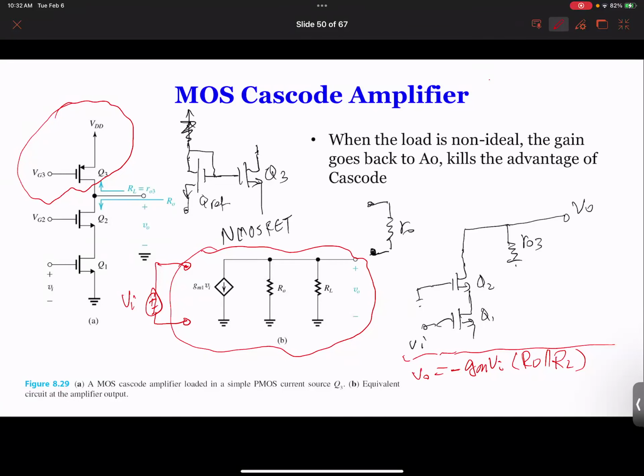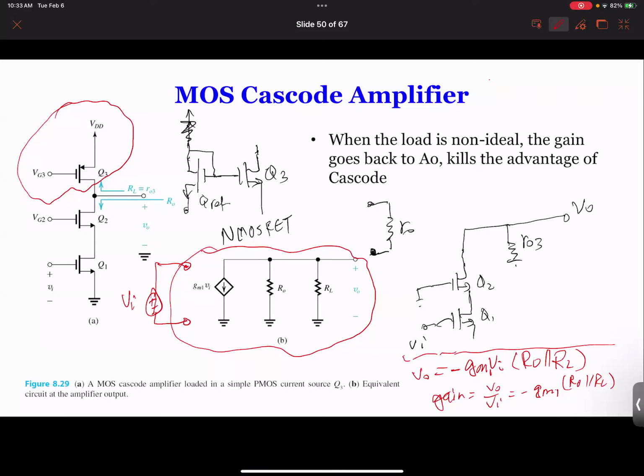And then we can find the gain, VO over VI, is going to be minus GM, this is GM1 really, times RO and RL in parallel. So for this case, we have the gain identified.